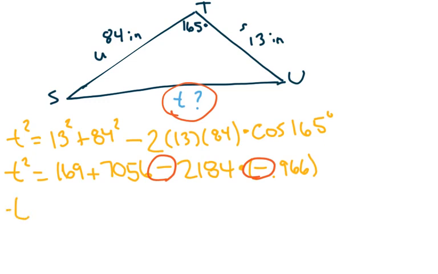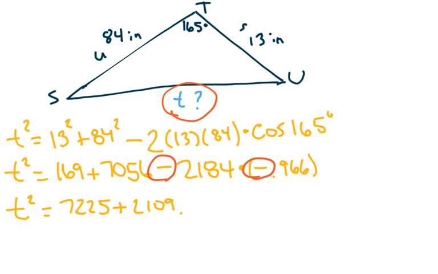So now we've got t squared equals 169 plus 7,056. That is equal to 7,225. Now remember, negative times negative is a positive. So positive 2,184 times 0.966 gives us 2,109.744.